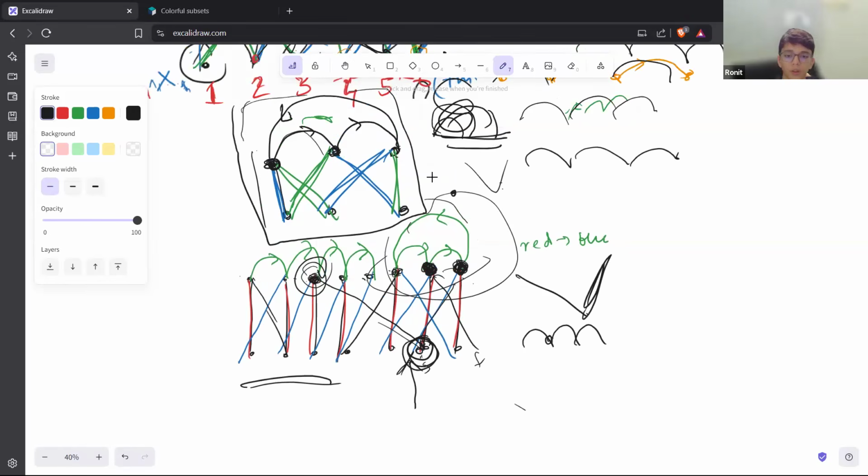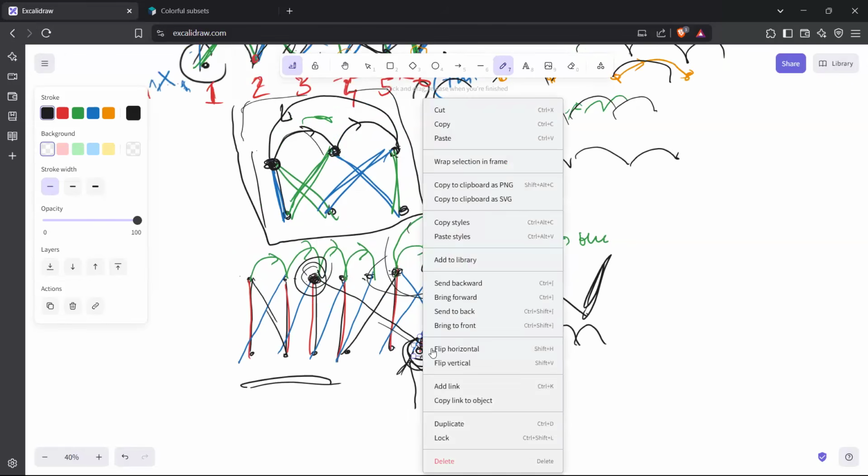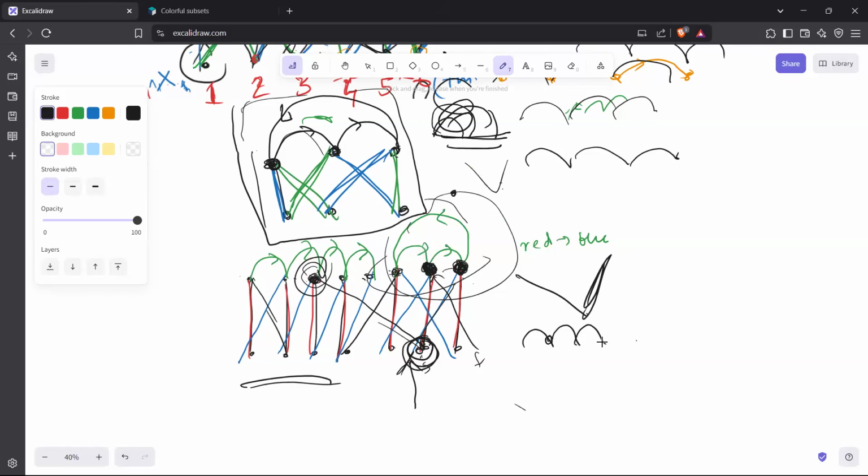So what do we want to show? Think about it. Why can you find such an edge? If you have a circle, let's say, your black edges would be connected to something.